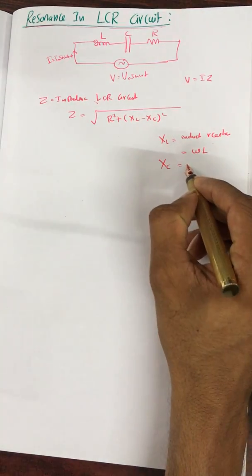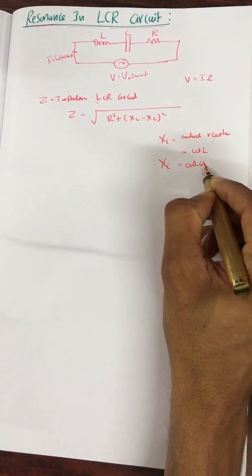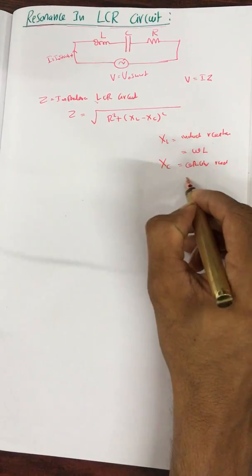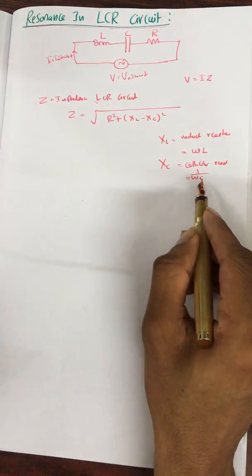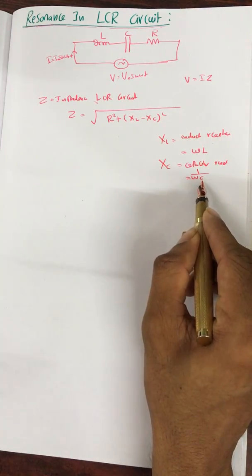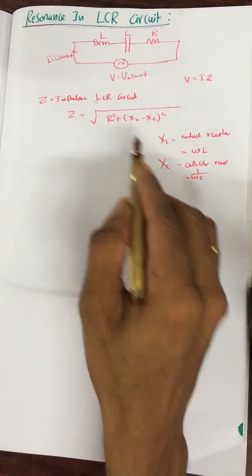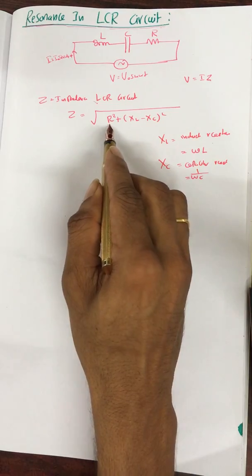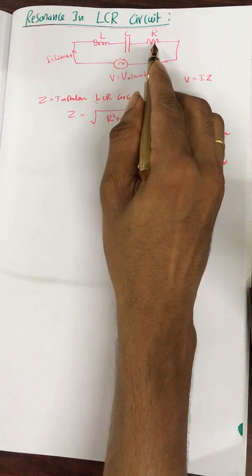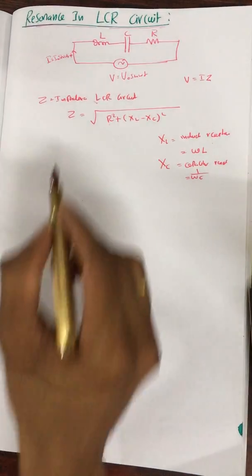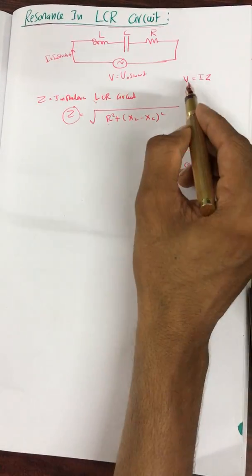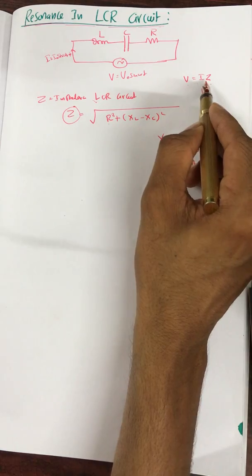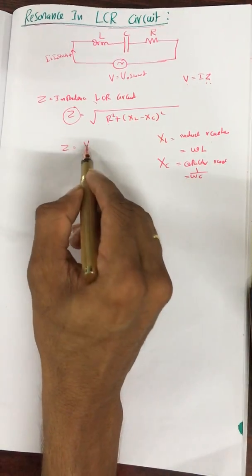We call it the capacitive reactance, and it is just 1 by omega C, where again omega is the angular frequency and C is the capacitance of the capacitor we use here. And of course the term R appears here, which is the resistance of the resistor. This is the resistance offered to the flow of current due to the LCR circuit. V is equal to IZ. Now this Z is equal to V by I.